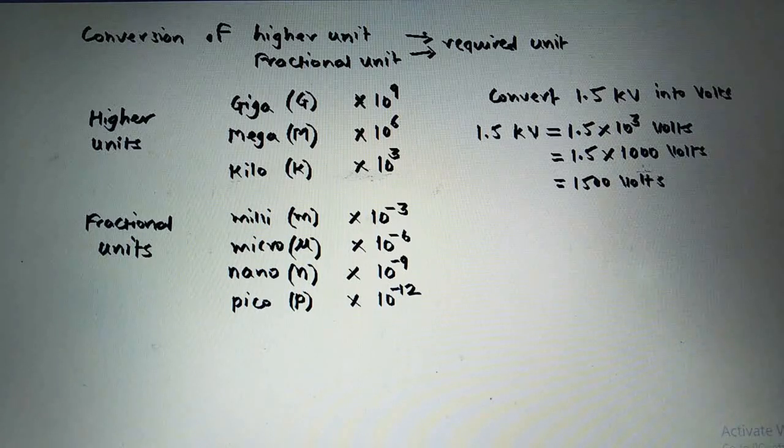So this is the conversion for 1.5 kilovolt into volts, and the symbol for the unit volts is capital V. So 1.5 kilovolt is always equal to 1500 volts.